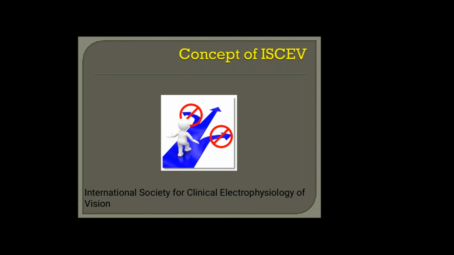If the pathology is in the prechiasmatic layer, away from behind the retina, you should apply the visual evoked potential. So I say ISCEV is always there to help you. The guideline gets updated periodically; ISCEV has been standardized since 2005, and it was last updated in 2018.